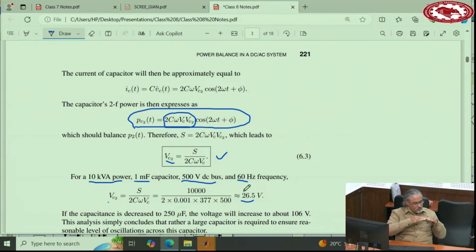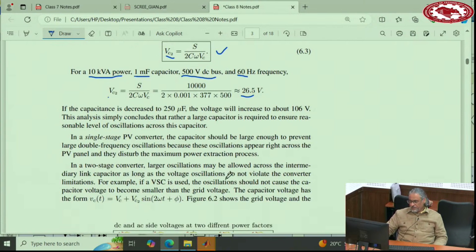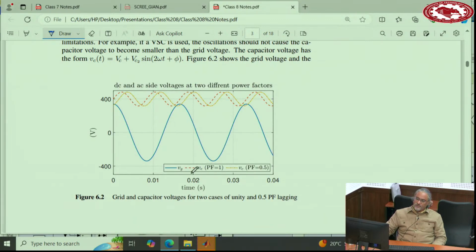So you have a voltage of 400 volts, and then a double frequency ripple of 26.5 goes around it. I want to show it on a graph. It's like this. So this is the capacitor voltage. This is the grid voltage in this example.